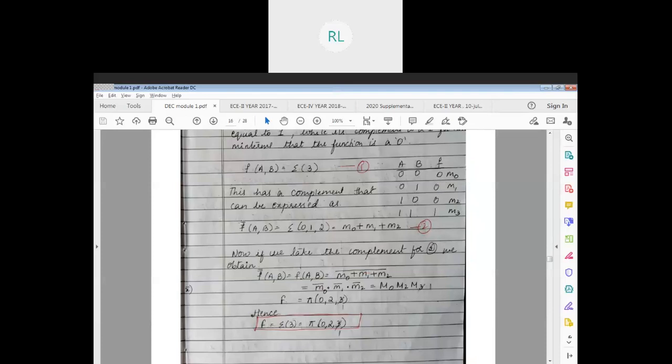So if I leave out 3, what are the terms remaining now? 0, 1, 2. Now remember there is a bar here, f bar. F bar means I understand that I have actually considered minterm here, but I am doing a complement. So using minterms, I am deriving max terms. Now if an f is here and pi is here, then it should be a max term.